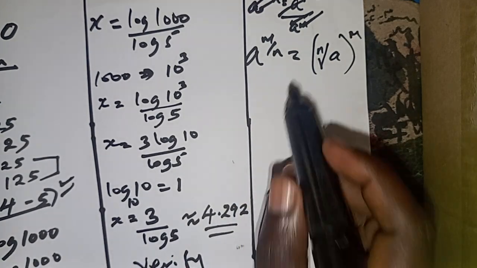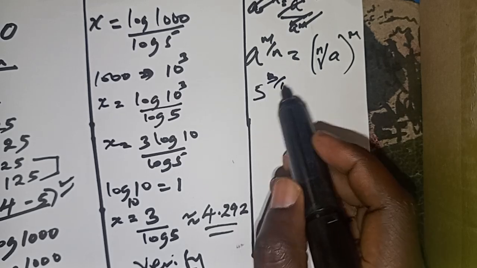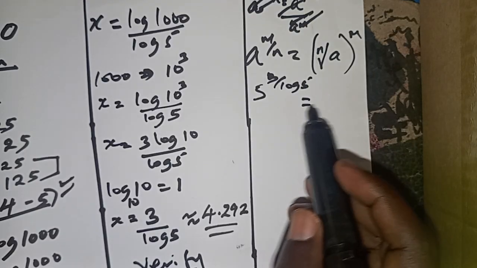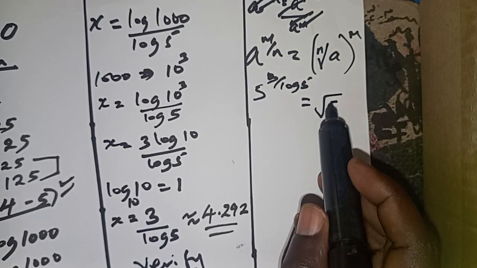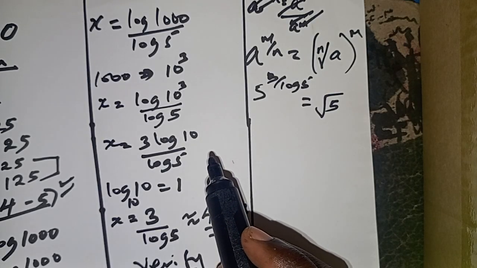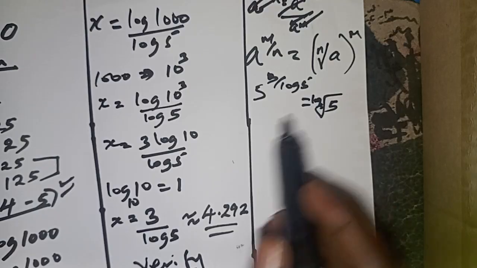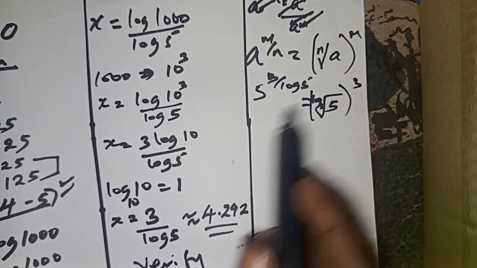So when you have 5 raised to 3 divided by log 5, I'm going to write this as the log 5 root of 5, and then everything I'm going to power to 3.